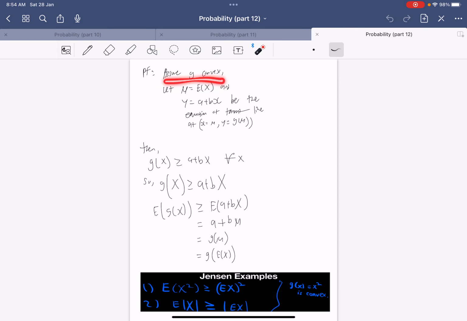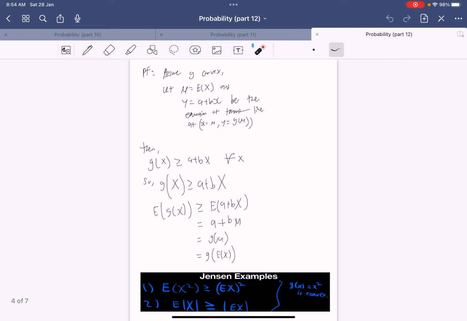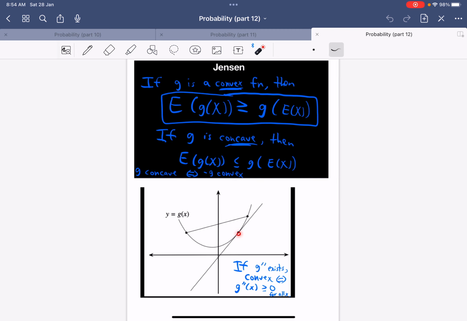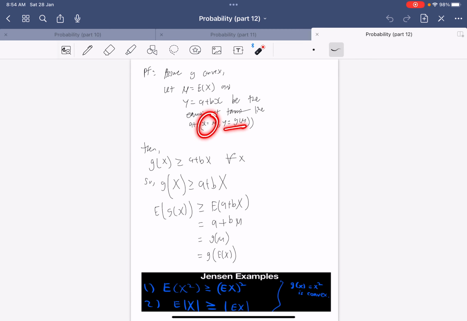So assume that G is convex, and let mu be the expectation of X, and Y equals A plus Bx, where A plus Bx is just the equation of the tangent line at this point. So x is mu and y is G of mu.